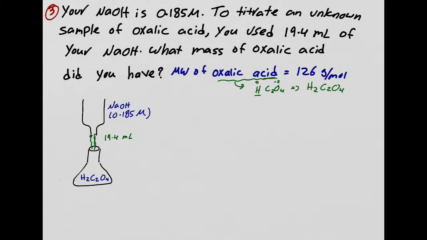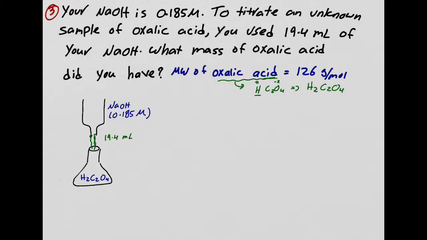Little review from Chem 1A. So every time you see an acid, you're going to put a hydrogen at the beginning, and oxalic used to be oxalate. Then don't forget to balance the charges, because with any acid or ionic compound, you have to balance the charges. Okay, so this is my oxalic acid.